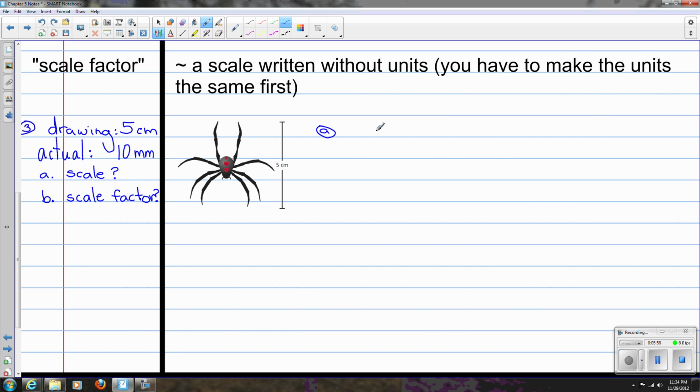That would be great. Okay, so remember to write the scale. We have to do the drawing distance. So the drawing length divided by, or over, the actual length.